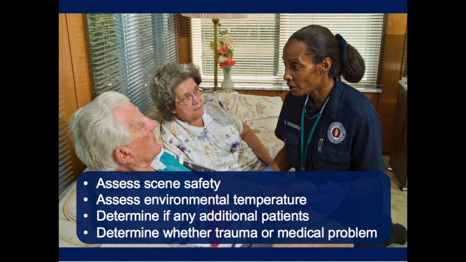And again, because elderly patients are often on a fixed income, you might find them in a house without proper heating during the winter or proper cooling in the summer. So always remember to assess the environmental temperature. You might have a jacket on because it's cold outside, but just take a moment and think, wow, it's still cold in here, and they're not wearing warm clothing and they've been living in here.